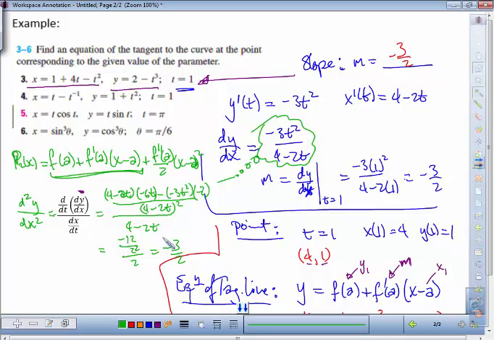So we got our second derivative, so we just divide that by 2 and then put that into the formula and we get our, quote, tangent parabola.